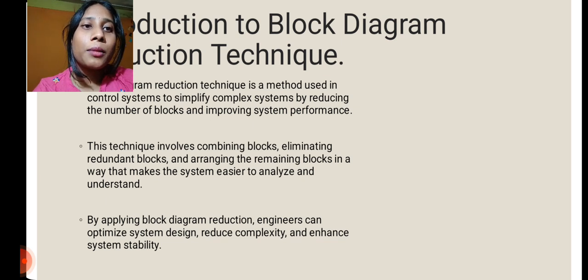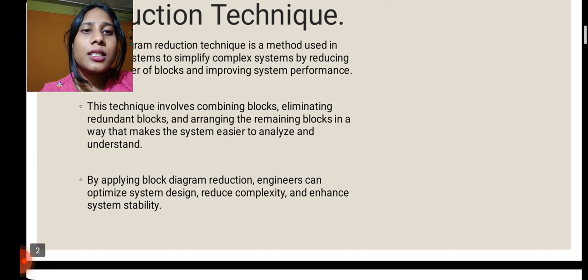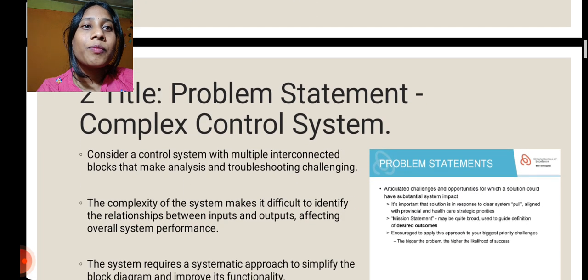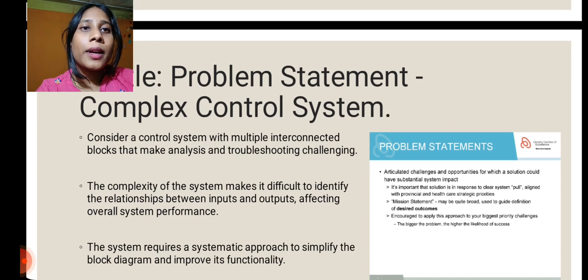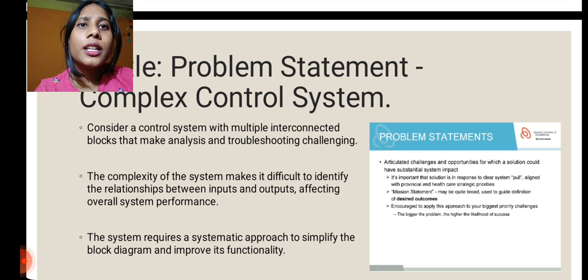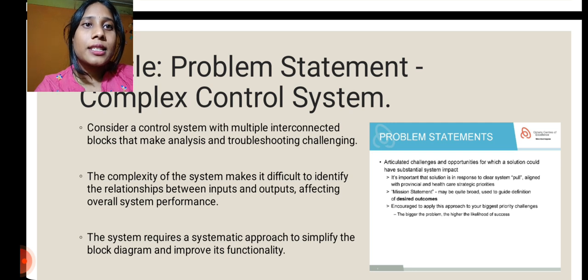By applying block diagram reduction, engineers can optimize system design, reduce complexity, and enhance system stability. Problem statement of a complex control system. Consider a control system with multiple interconnected blocks that makes it hard to analyze and troubleshoot.